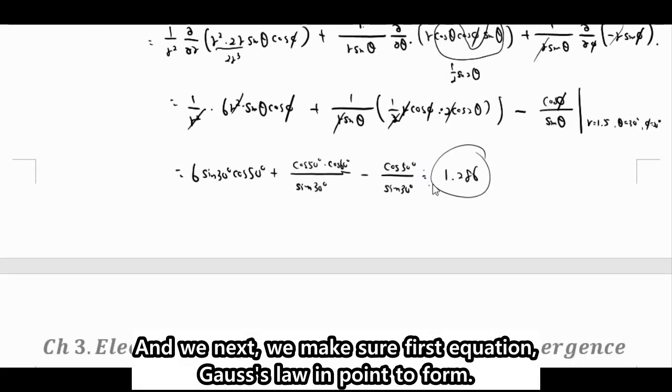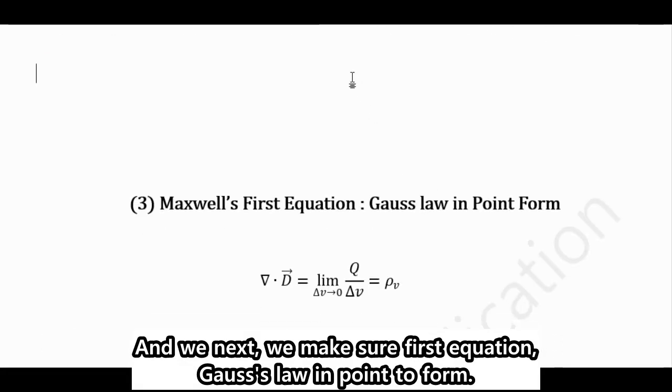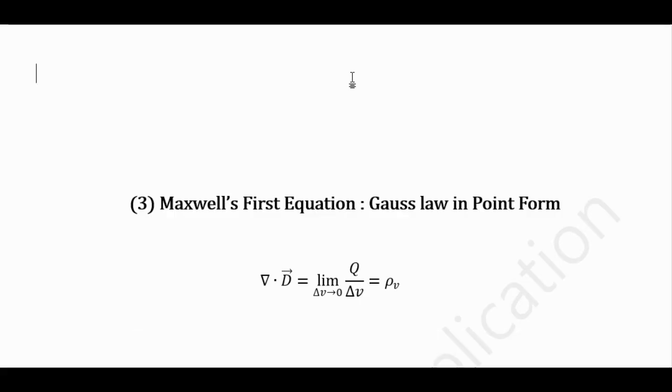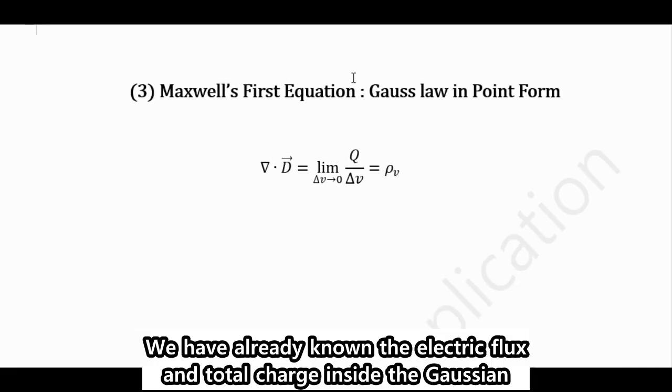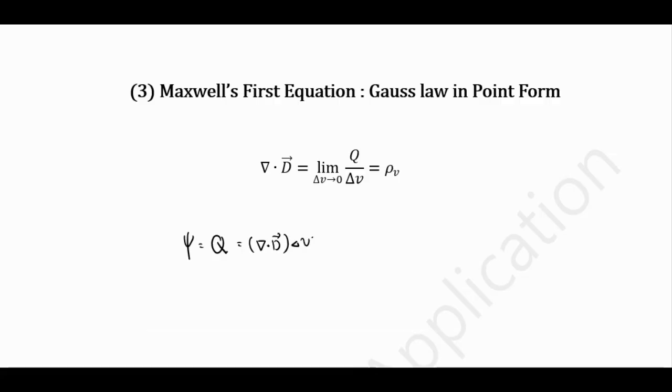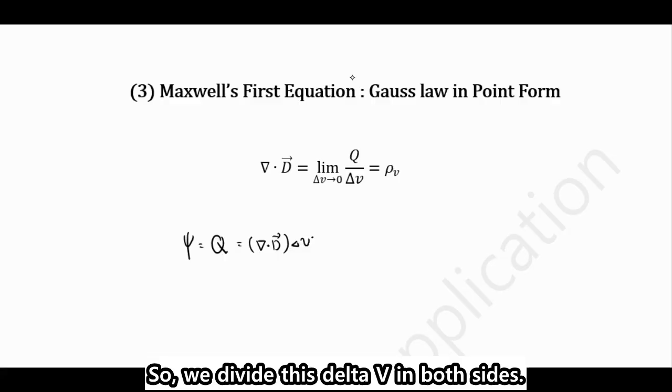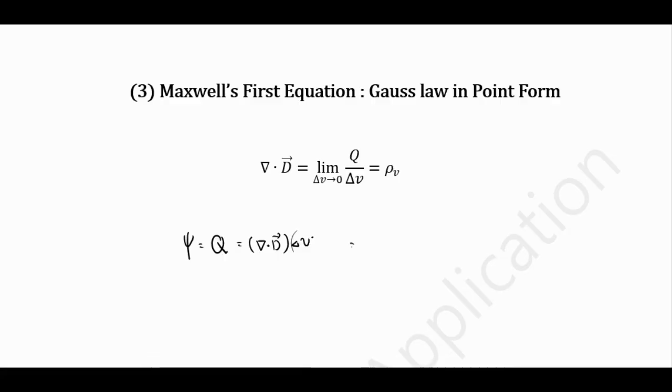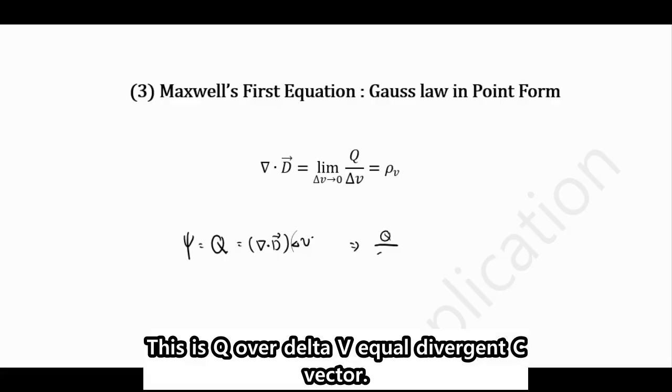Next is Maxwell's first equation, Gauss's law in point form. We already know the electric flux equals the total charge inside the Gaussian surface, which is the divergence of D vector multiplied by delta V. We divide both sides by delta V. This is Q over delta V equals the divergence of D vector.